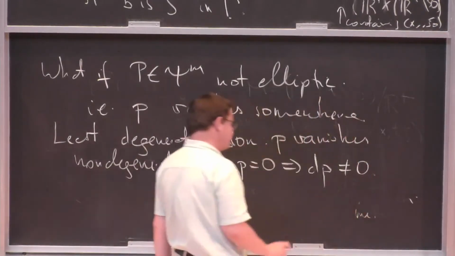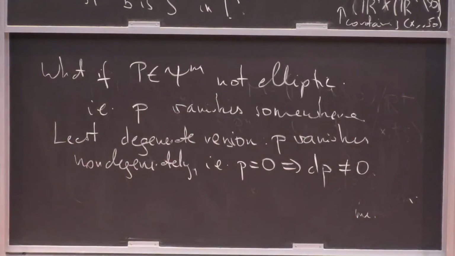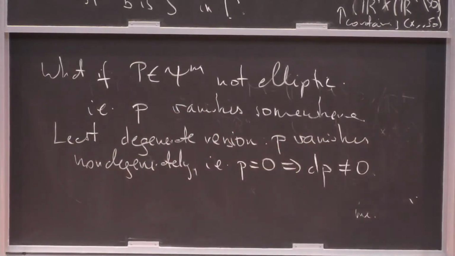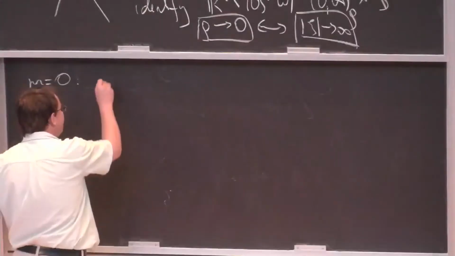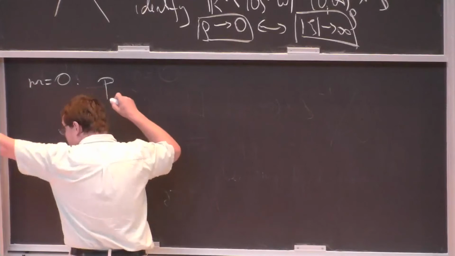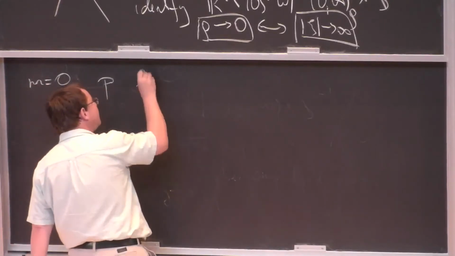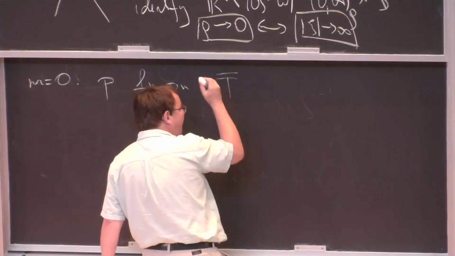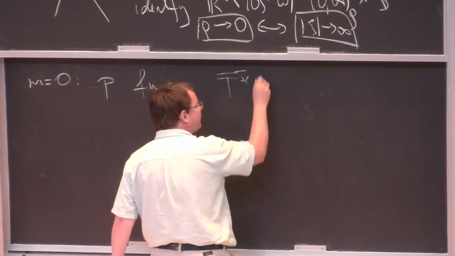Now, in terms of the phase space picture, this psi m is slightly annoying because of the m. When m is not 0, you have to say some more things, which I don't want to say right now. So I'm just going to say the m equals 0 picture. Then this little p you can think of as a function on this fiber-compactified cotangent space.